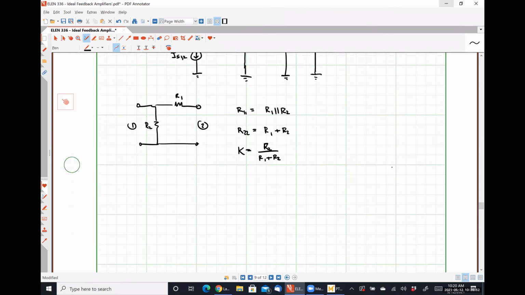So our open loop circuit is going to look something like this.